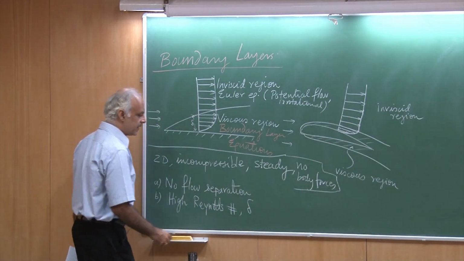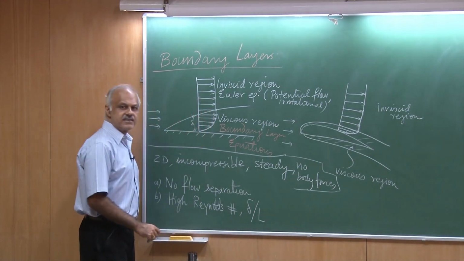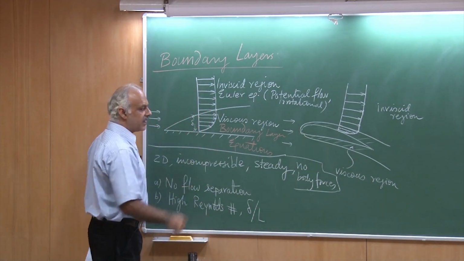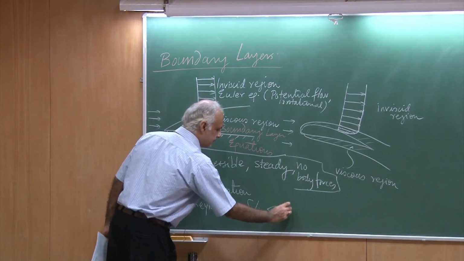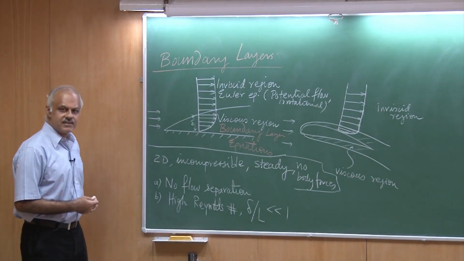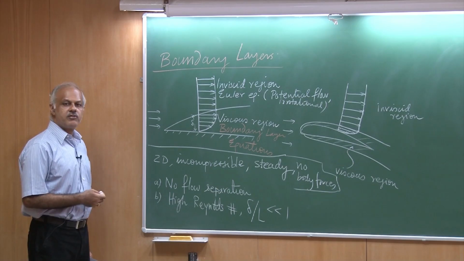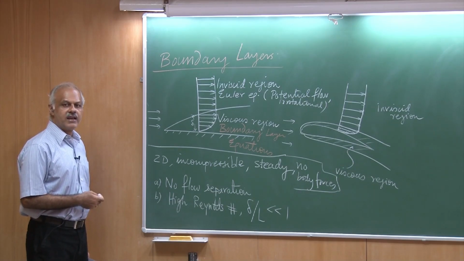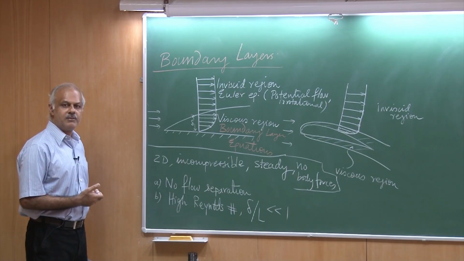So we are saying that delta by L, if L is a characteristic length, for example, for the airfoil I could take the chord of the airfoil, that's much smaller than 1. And we've seen that in an earlier session. I showed you the thickness of a boundary layer on the wing of an Airbus A320 when it is in cruise. It was really of the order of a millimeter, very tiny.